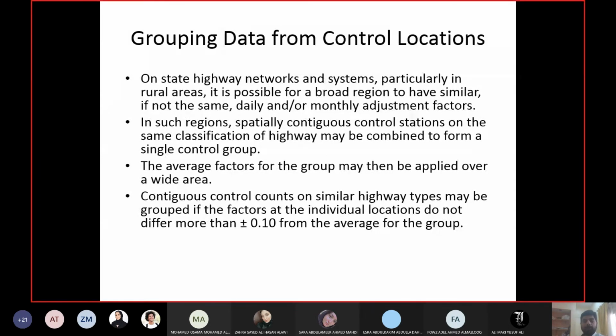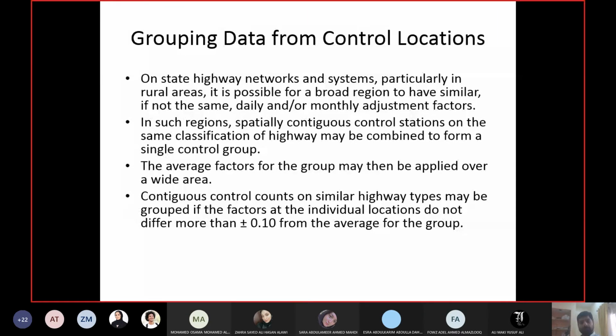Your network is so big because, as we said when we started the limited network study, all links and segments in your network must be counted. All links must be either a control count location or a coverage count location. So if your network is the entire region, you can imagine how many links and segments you have. You will have thousands of them.